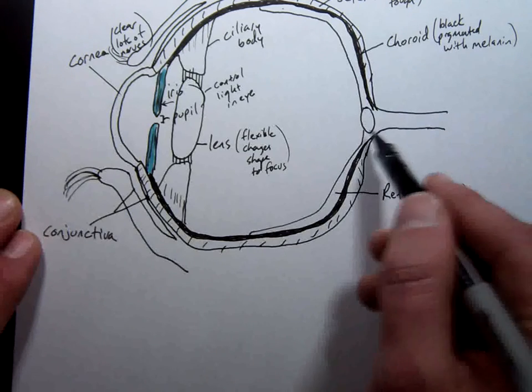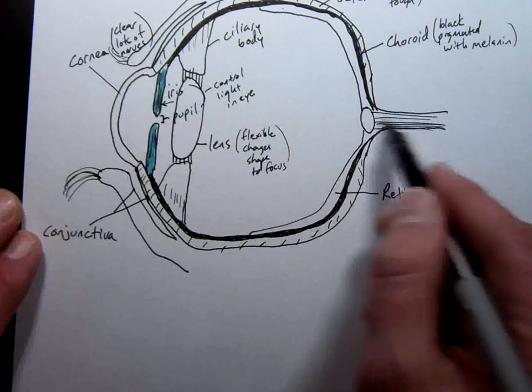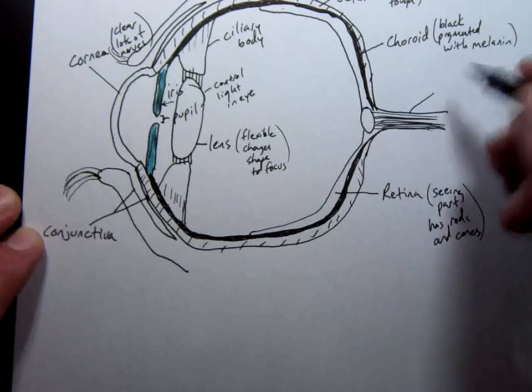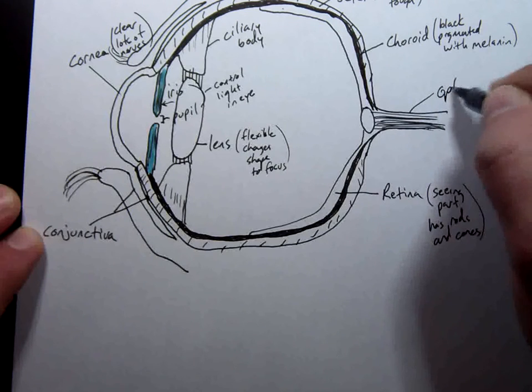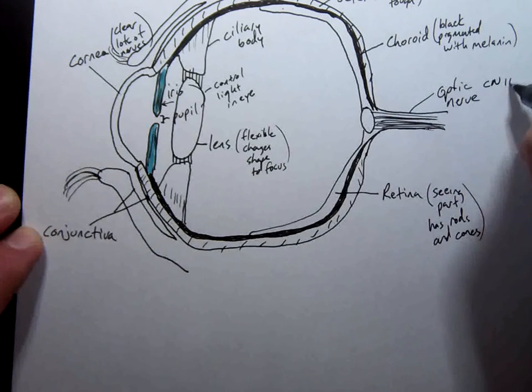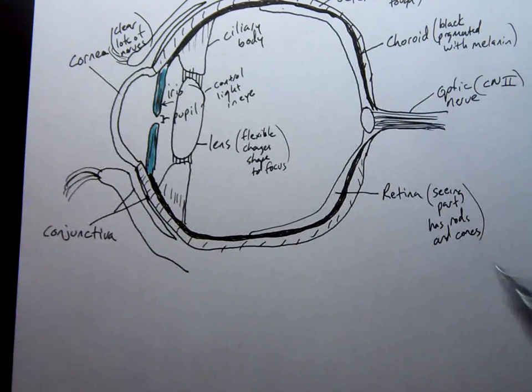Ooh, I should label this too. What is that? Optic nerve. Cranial nerve number what? Cranial nerve 2. I just drew a whole bunch of lines here. Those lines are myelinated axons.